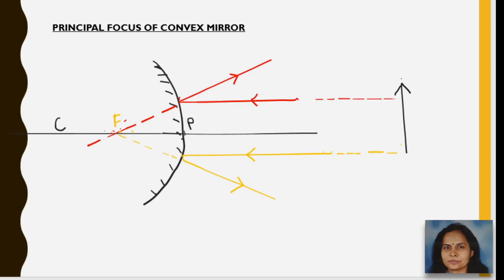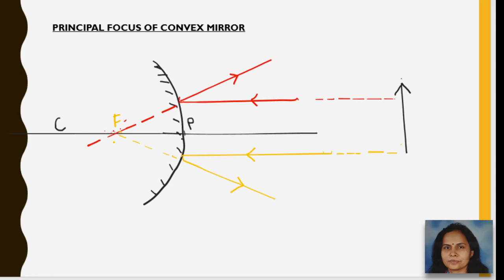So how can we define the principal focus of a convex mirror? The incident rays which are parallel to the principal axis, after reflection from the convex mirror, appear to diverge from a point behind the mirror. So this point is known as the principal focus.